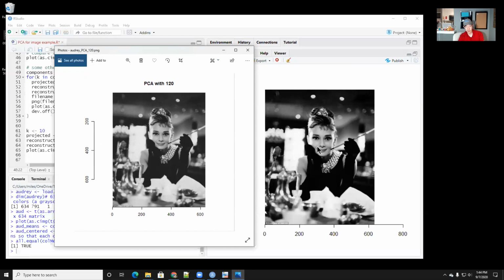I mean, this one's still clear, but this is PCA with 120 principal components. So we went from 634 to 120, about one-fifth of the number of dimensions that had to be kept, right?